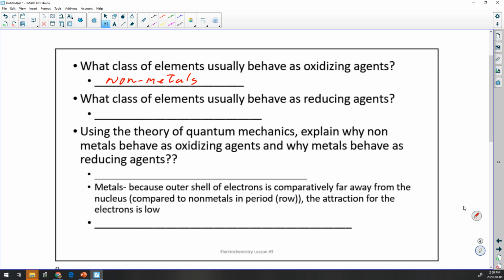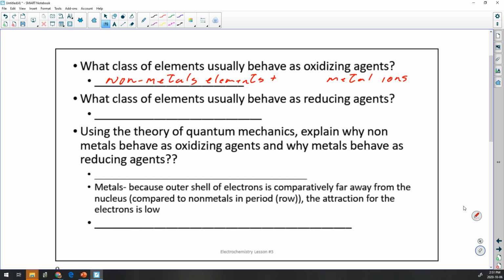They have the ability to gain electrons. Also, metal ions can. Now, there are some exceptions.